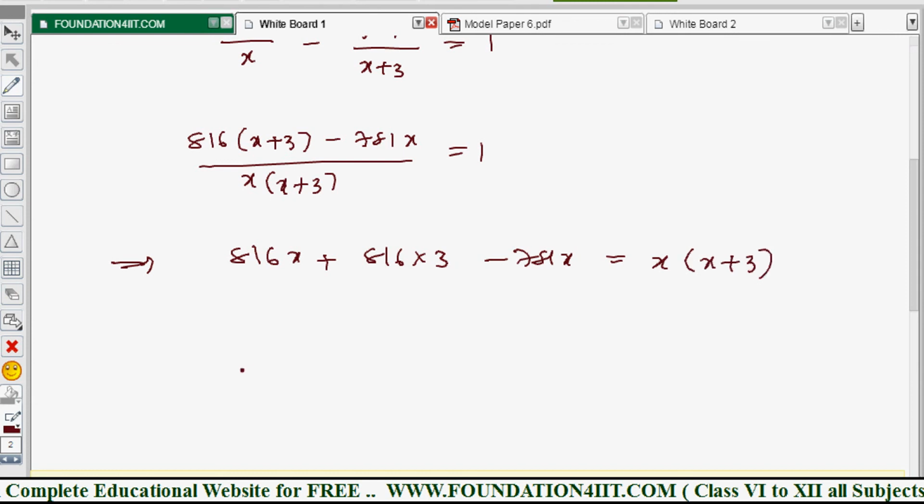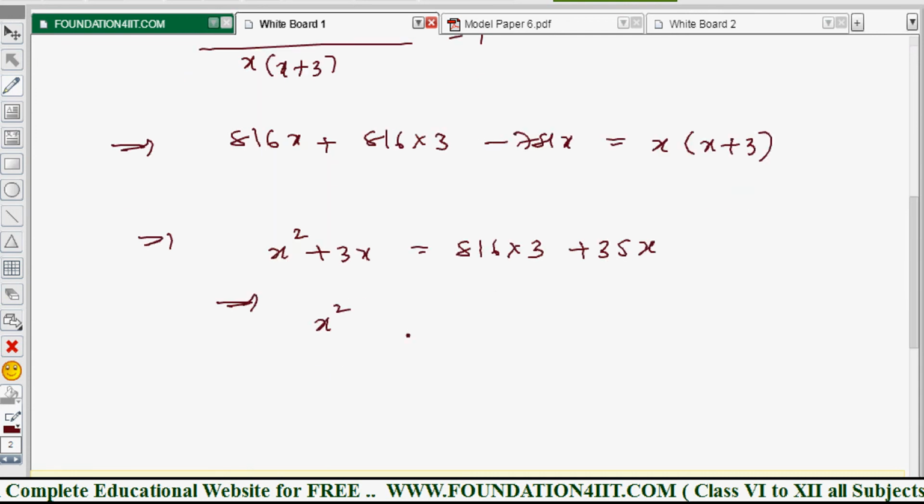Taking the other side and solving, x square plus 3x is equal to 816 into 3 plus 816 minus 781, which is 35x. Simplify more: x square minus 35x plus 3x, so minus 32x, minus 816 into 3 is equal to 0.